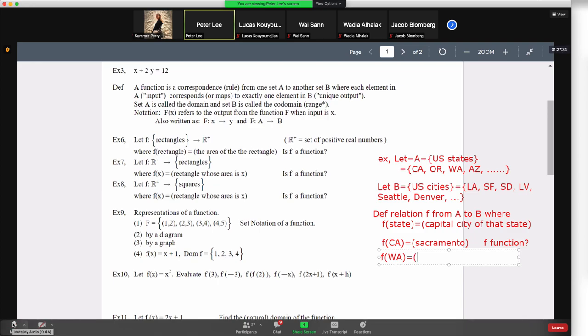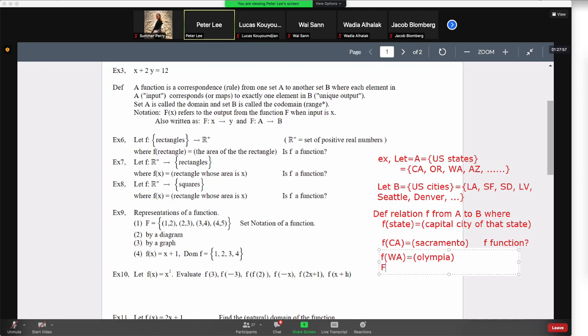Olympia. It's not Seattle, okay? You're right, it's Olympia. Olympia is much smaller than Seattle, right? And that's the only capital we have. So that is only one output.